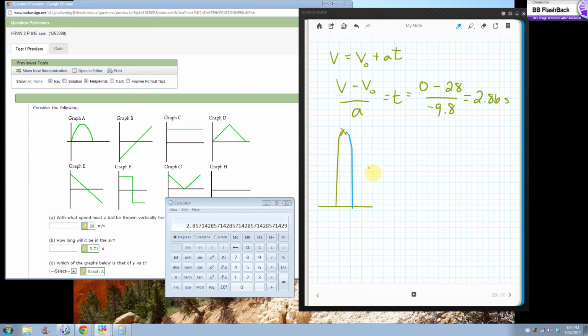Luckily, this is symmetrical, so if it takes 2.86 seconds to get to the top, it'll take 2.86 seconds to get to the bottom as well, for a total time of 2.86 times 2, which is 5.71, which is what I have for the answer over here.